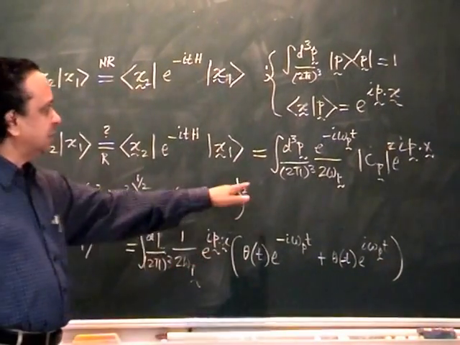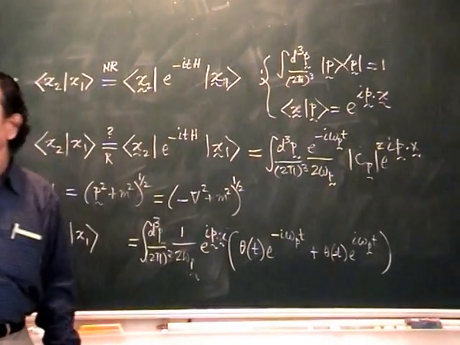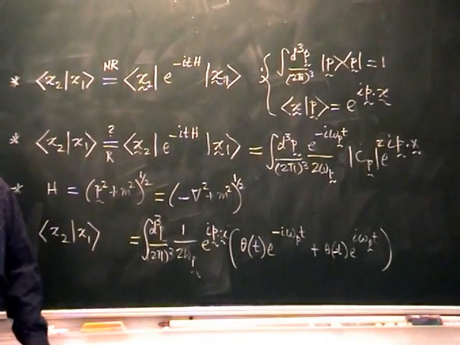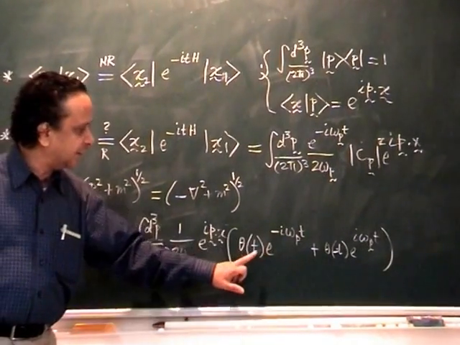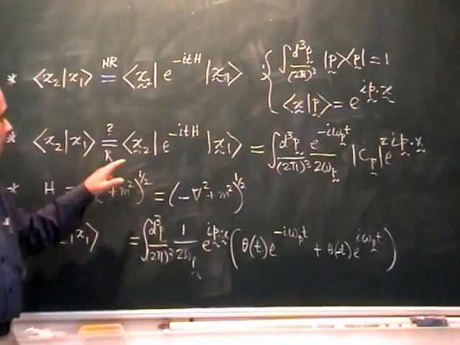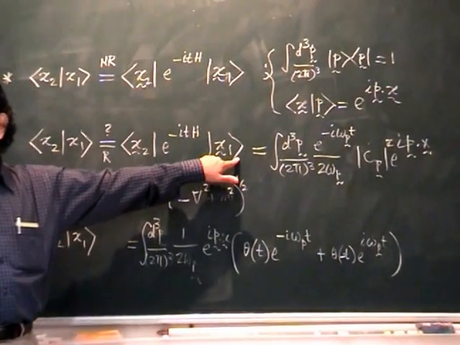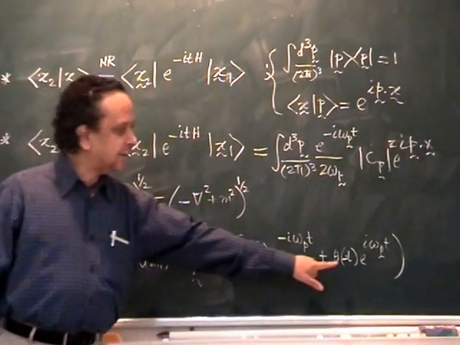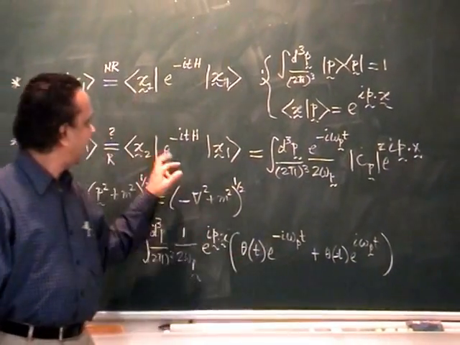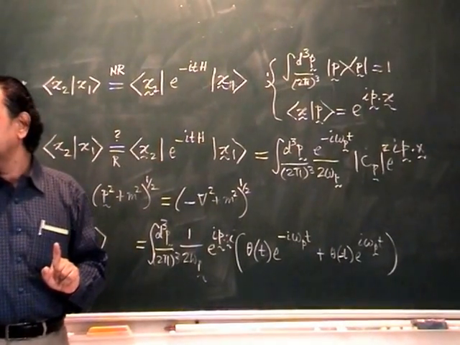Now if you compare this with what we have got here, you will see something interesting. You could have got this part, the theta of t part, by this procedure. And you could have got this theta of minus t part if I have flipped the sign of h. Right?